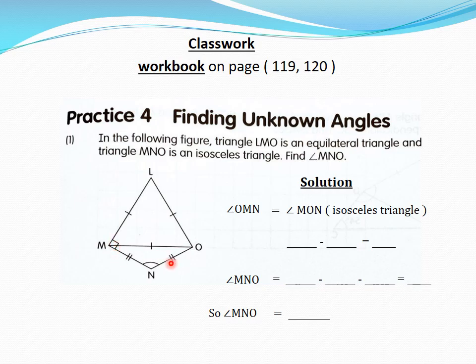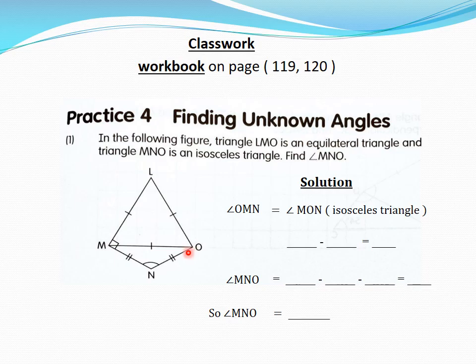So the first step we need to find angle M and O, because angle M and O, it is an isosceles triangle.